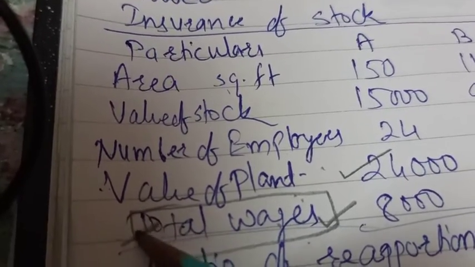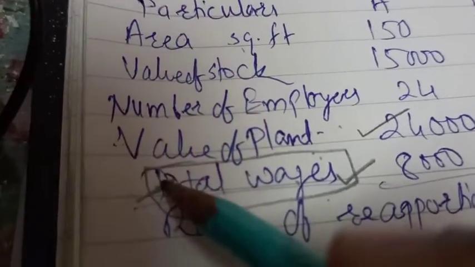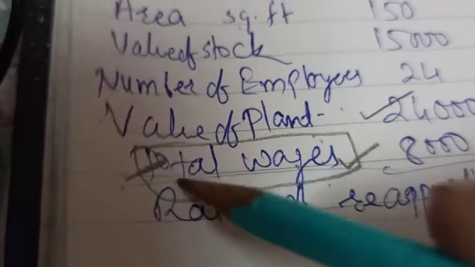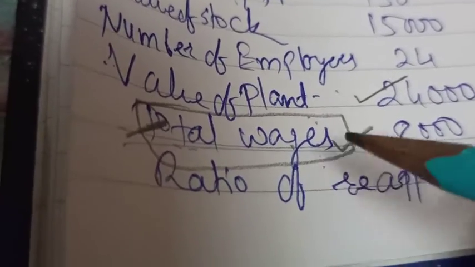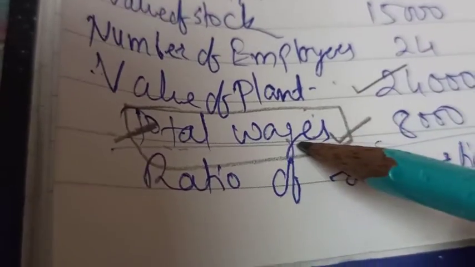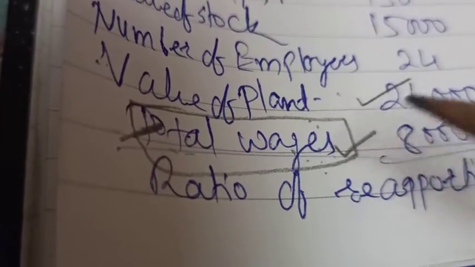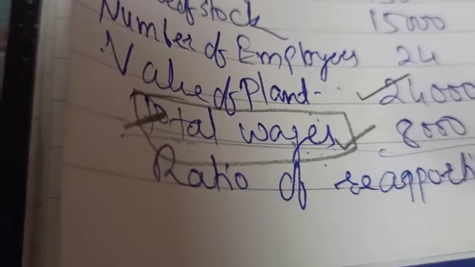It may contain direct or indirect. If they mention here only direct wages, at that time we can consider it as an overhead of the service department, but they mention total wages, therefore we are not going to include it in primary distribution.